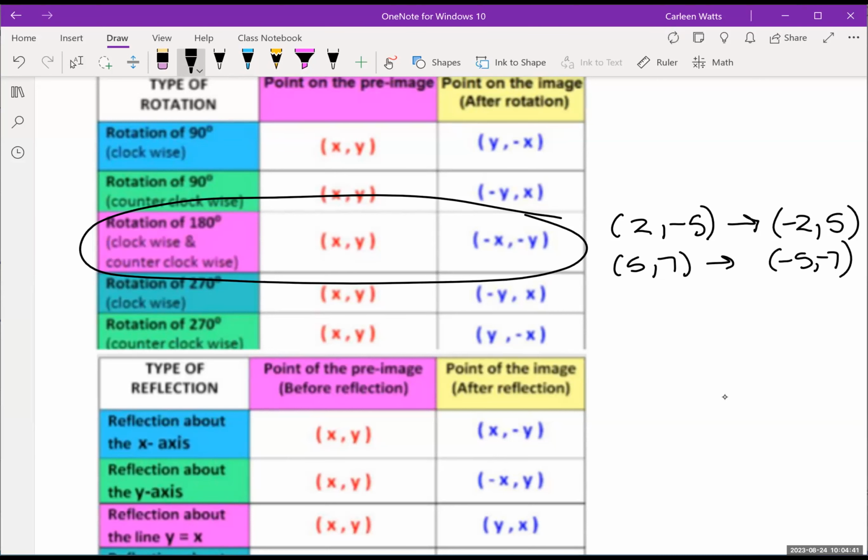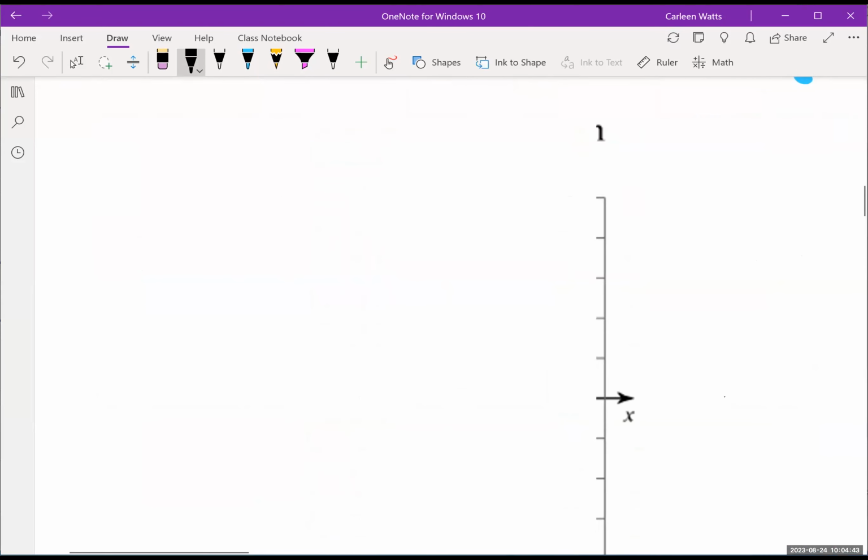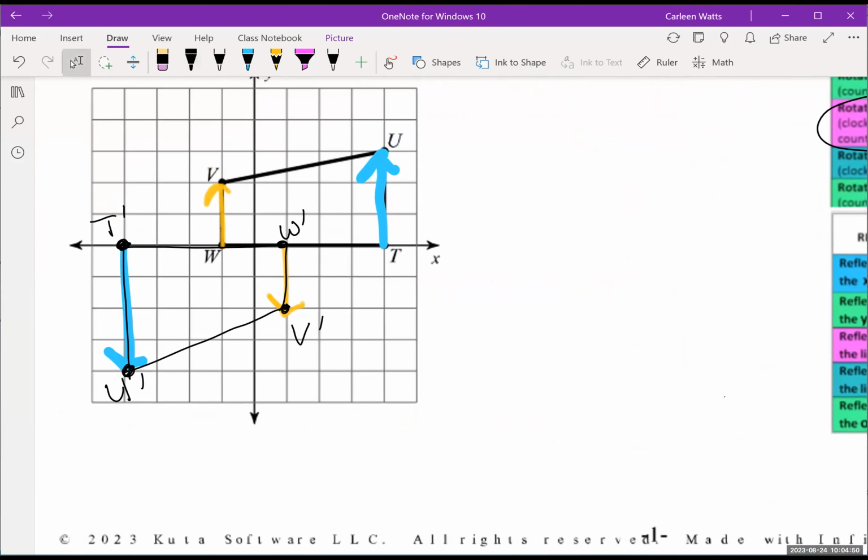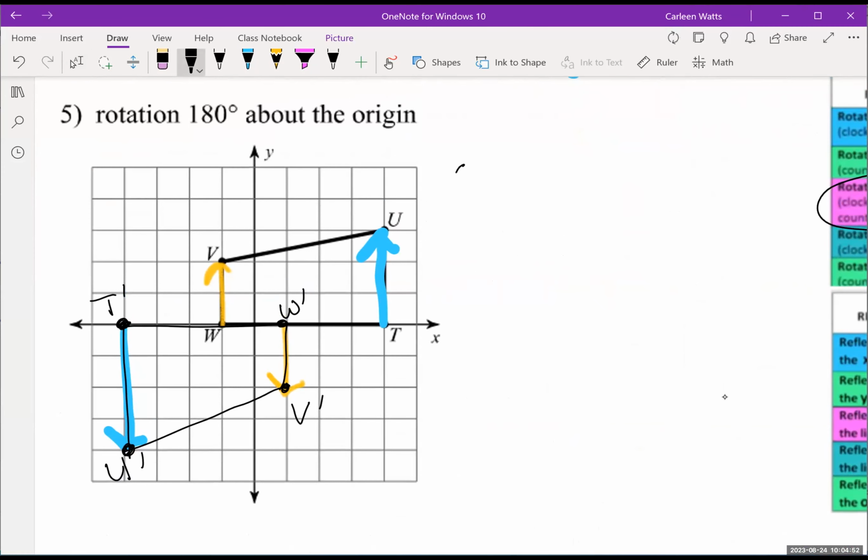Yeah, this one's better. You might like that better because look at this. What are the coordinates of U? Anyone? Coordinates of U? There's a 3 involved.